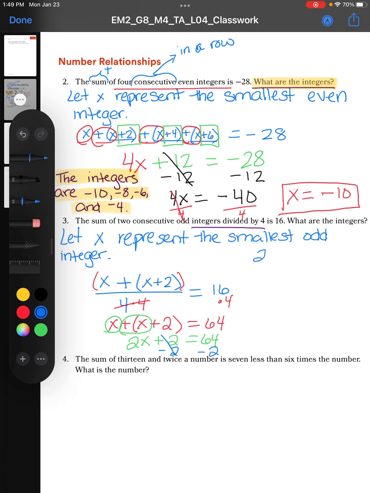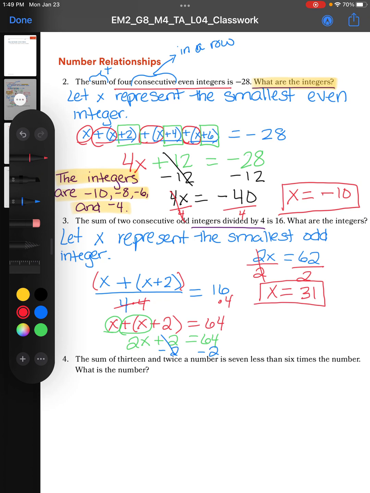I'm going to be left with 2x equals 62. Still working to get x alone. I'm going to divide both sides by 2. 2x divided by 2 leaves me with 1x, or just x. And 62 divided by 2 equals 31.